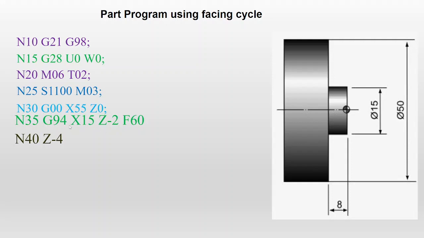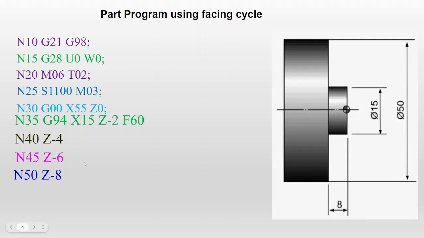This is one complete cycle. Next, in another block we give Z-4. In one cycle, 2 mm of material is removed. In total I want to remove 8 mm, so next cycle 4, next cycle 6, and next cycle 8. Like that, within 4 blocks the complete cycle is completed.